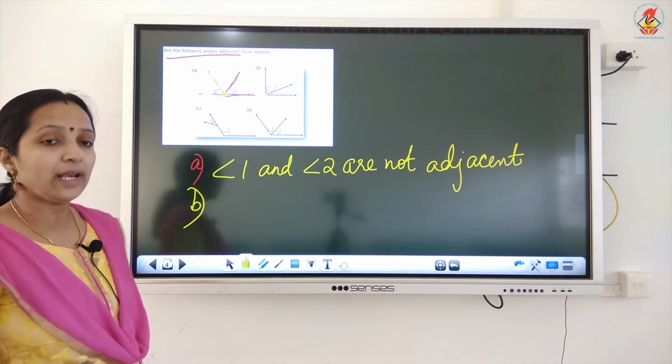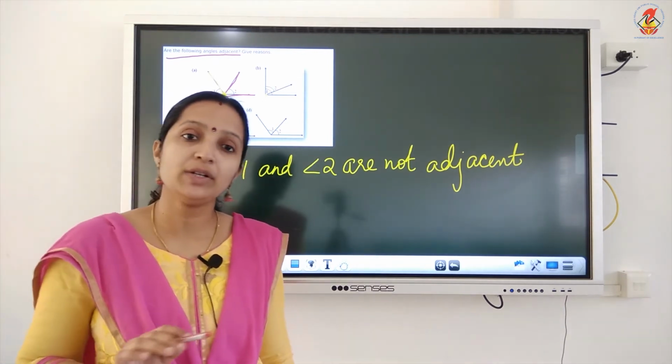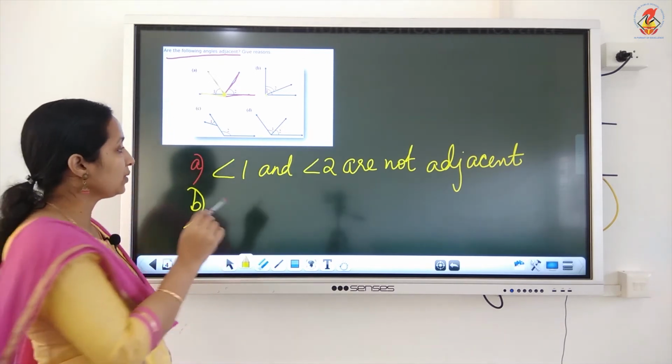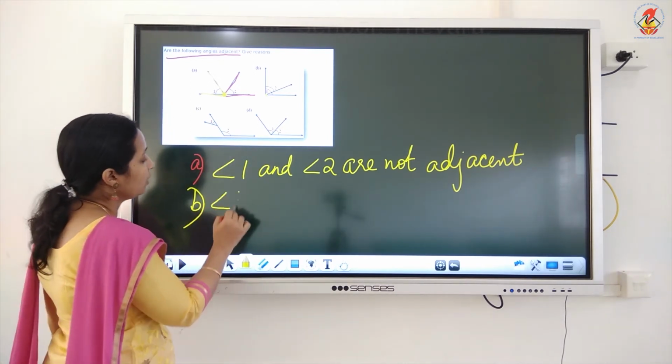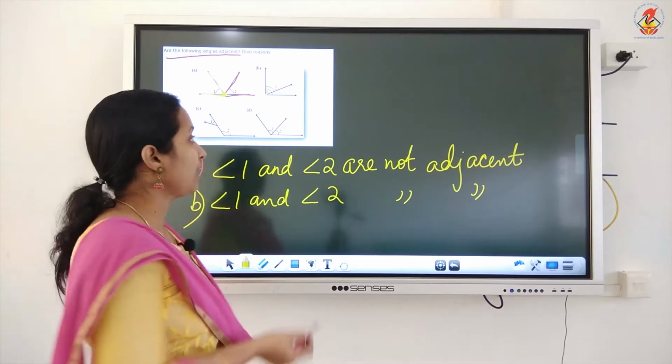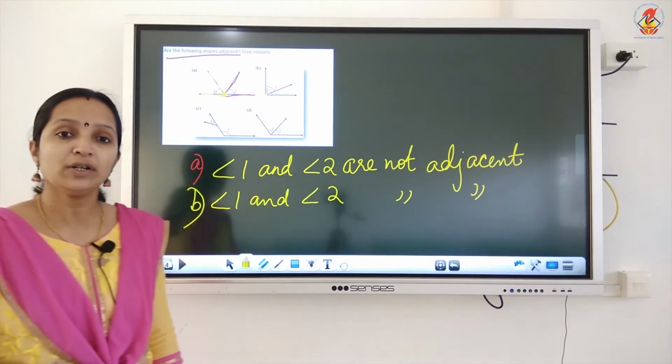If there is overlapping, angles are not adjacent. So, here also angle 1 and angle 2 are not adjacent. What is the reason? Because they are overlapping. The interior points are the same, so we can say that the two angles are not adjacent.